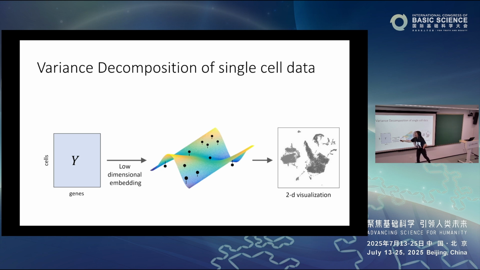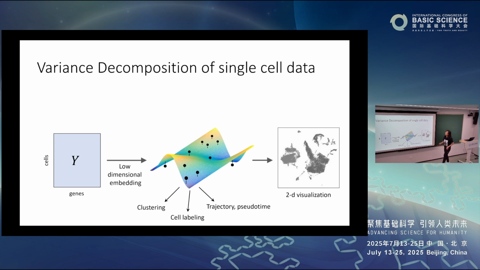In that PCA space, you would do a graph-based smoothing, a graph-based manifold fitting, and then visualize that on a UMAP. Many of the things that we do with single-cell data downstream, such as clustering, cell labeling, trajectory, or pseudotime analysis, are all based on that fitted manifold in low-dimensional space.